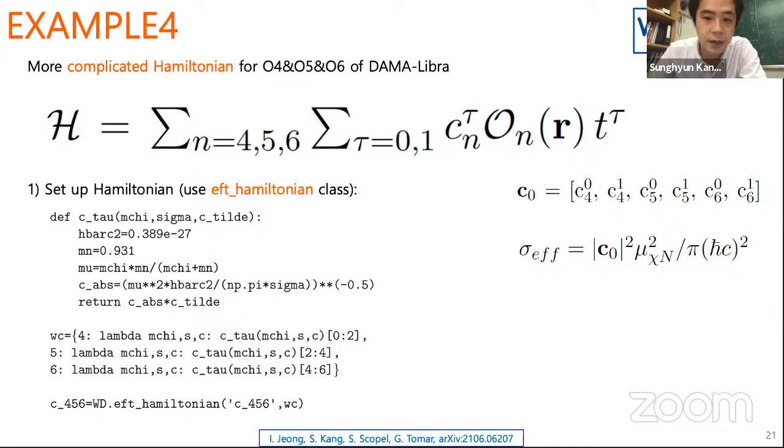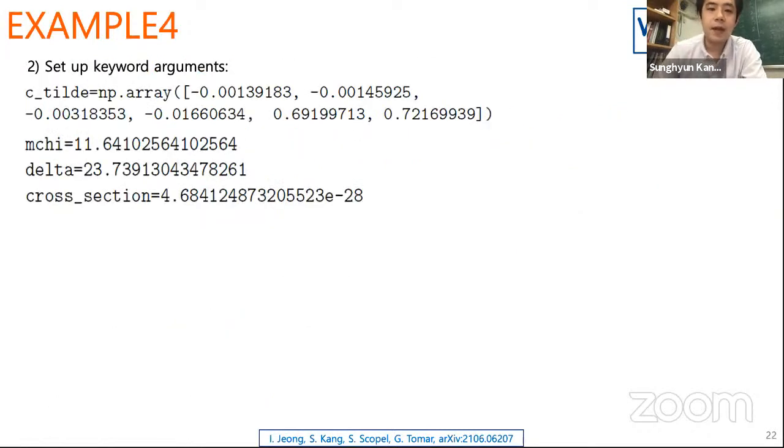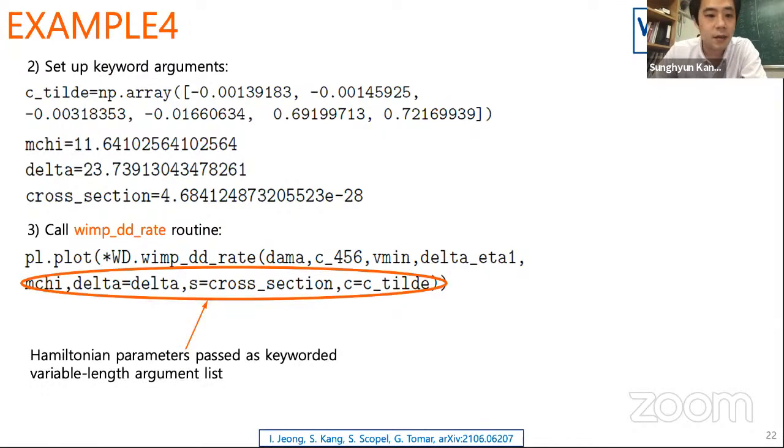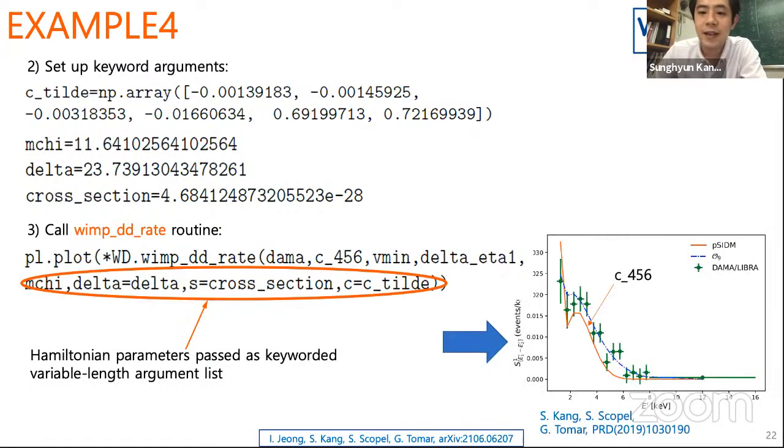And here, this EFT Hamiltonian class may look difficult, but it has the same structure as before. Then we need the values of keyword arguments. Using them, one may call the WimPyDD routine, putting these values inside the routine. And here you can see the result.